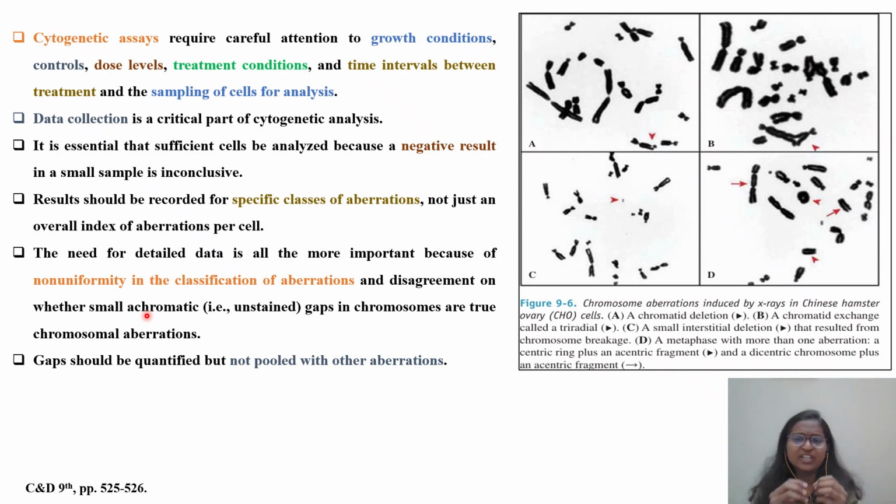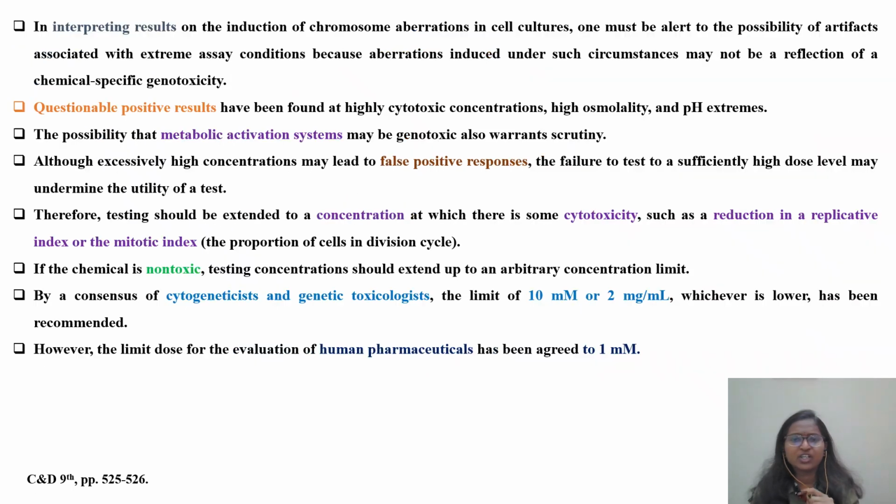To differentiate between the actual chromosomal damage and the one which is false or negative, we have to be able to differentiate. Gaps should be quantified but not pooled with other aberrations. So the same type of aberrations can be pooled, but the gaps should not be pooled with other aberrations. So let's see what else we have under these cytogenetic chromosome aberrations only.